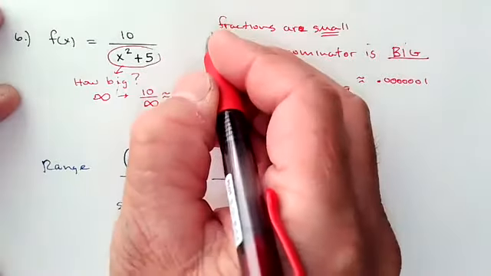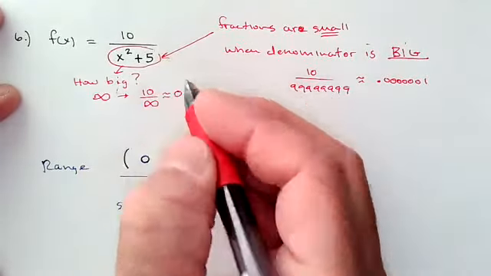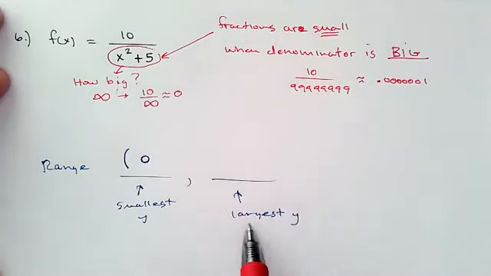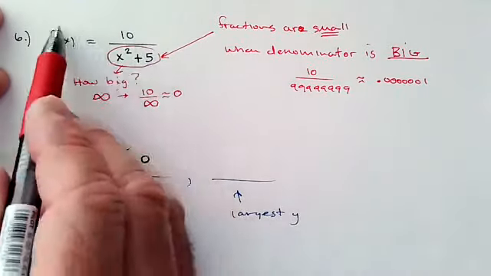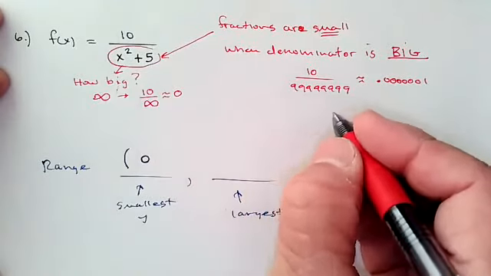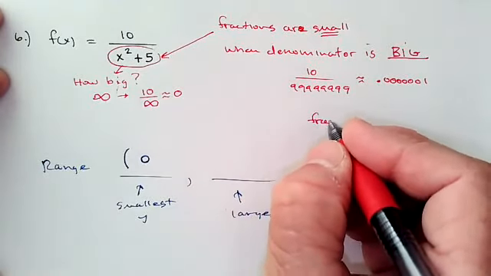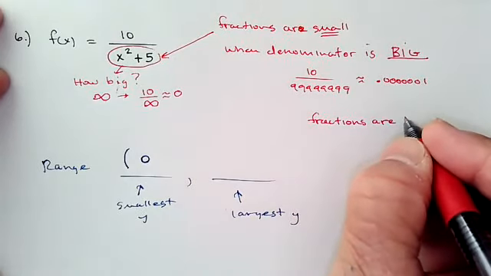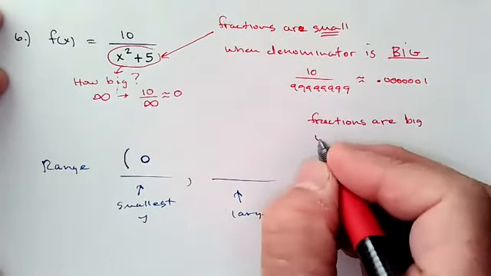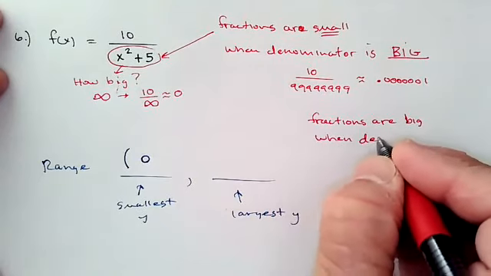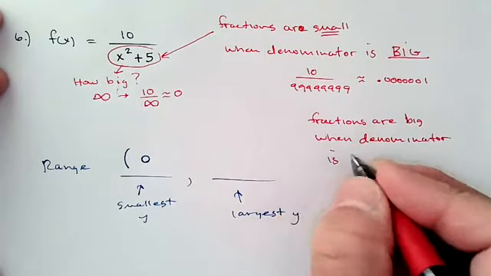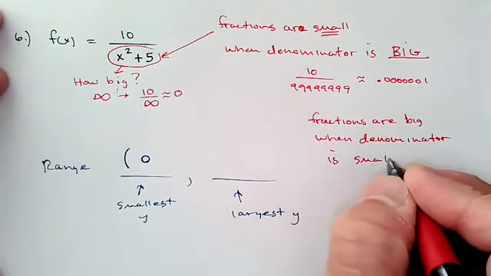Okay, so that was one. I'm not being very organized in how I'm doing this, but that's okay. So what's the opposite question? If I'm looking for the largest y value that I can get out of this function, I would ask the opposite question. Fractions are big when the denominator is small, right?